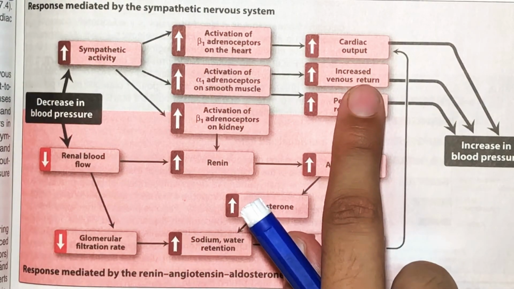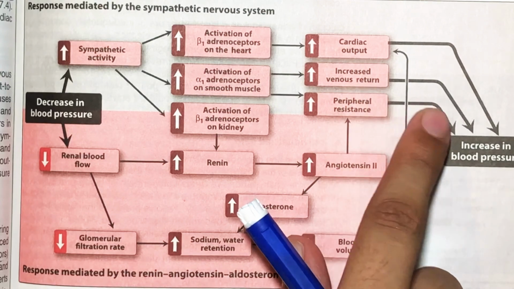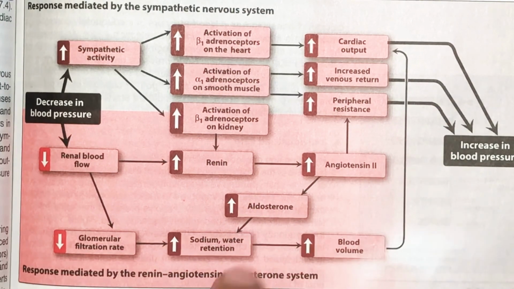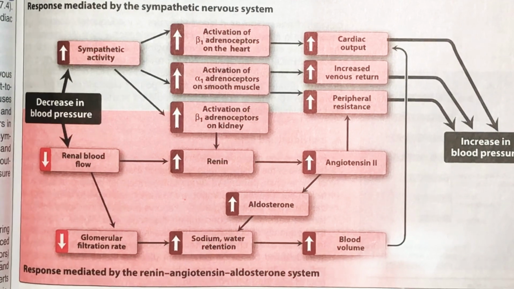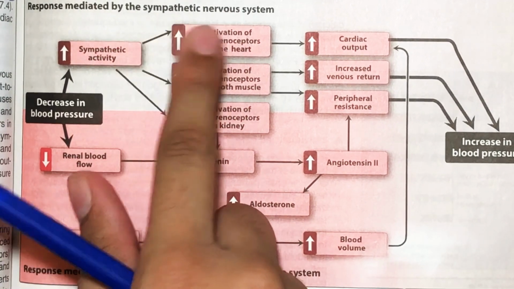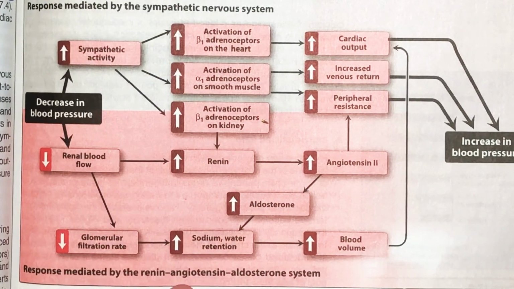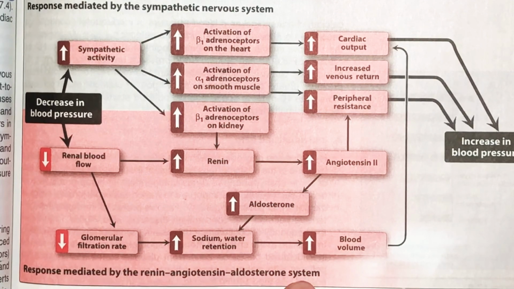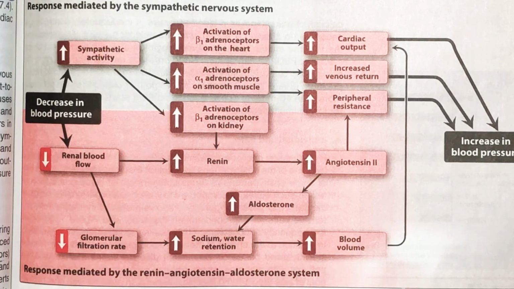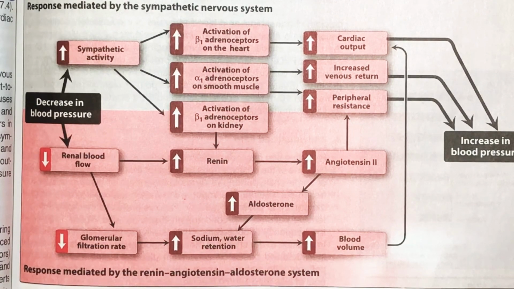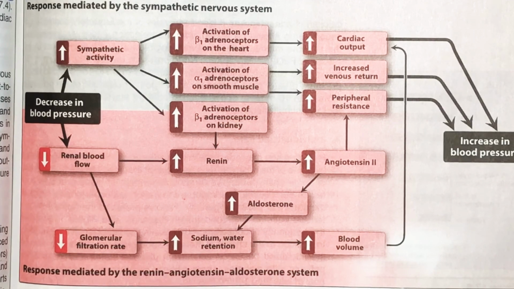When this cardiac output is increased, it causes the increase in blood pressure. So this was the whole thing, how both of these mechanisms, that is the sympathetic nervous system and the Renin-Angiotensin-Aldosterone system, work together. Both of these are two overlapping control mechanisms for regulating blood pressure.